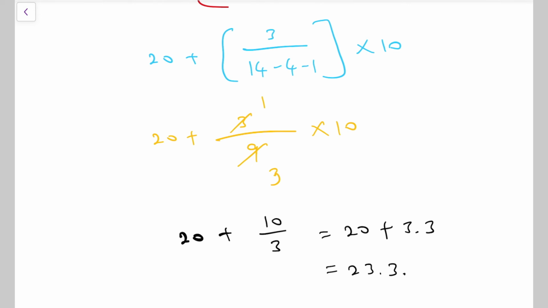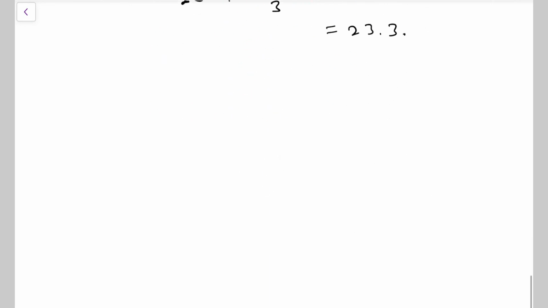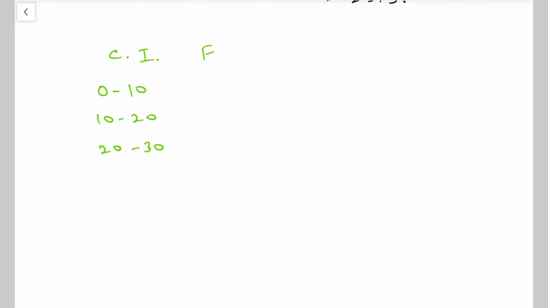Next, finding median. First column class interval, second column frequencies. So class interval, let us write from the question as it is: 0 to 10, 10 to 20, 20 to 30, 30 to 40, 40 to 50, then finally 50 to 60.